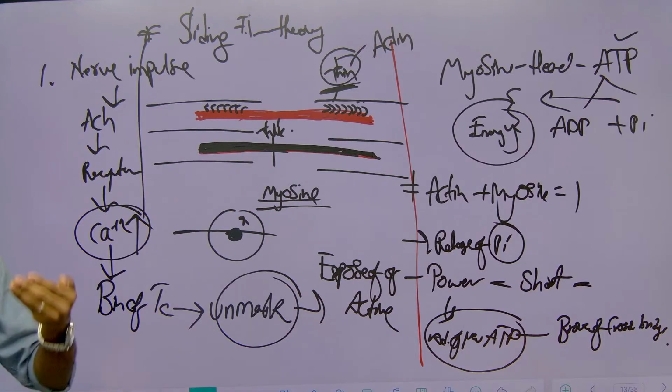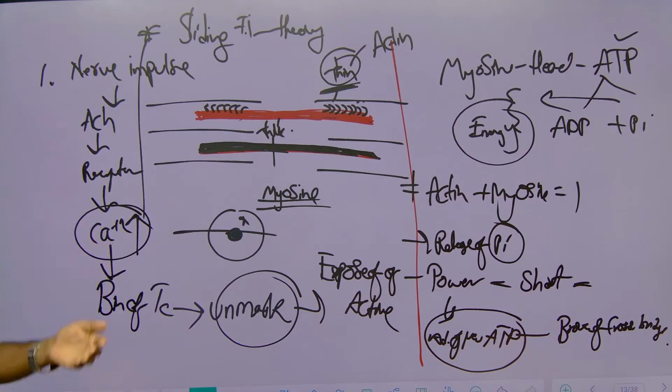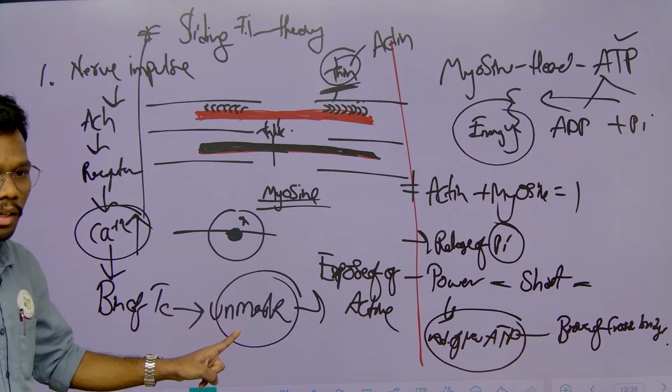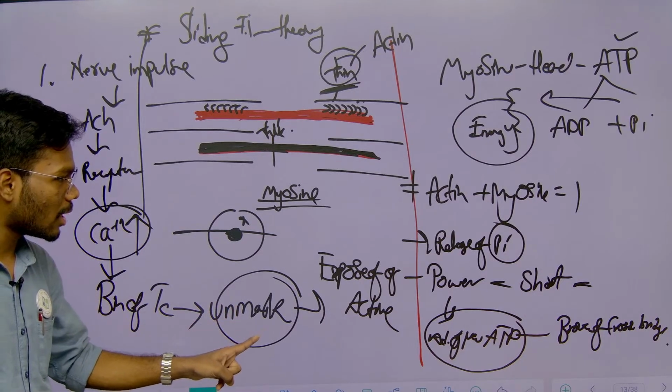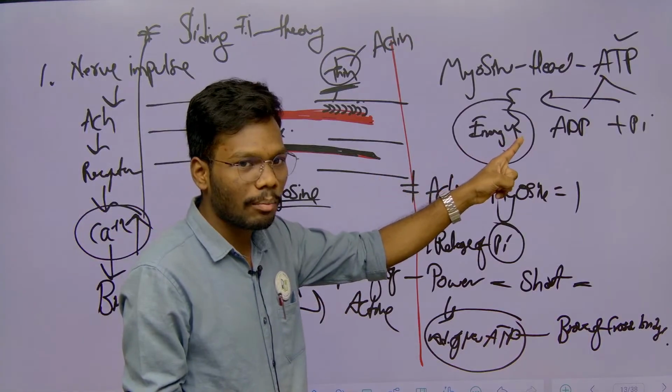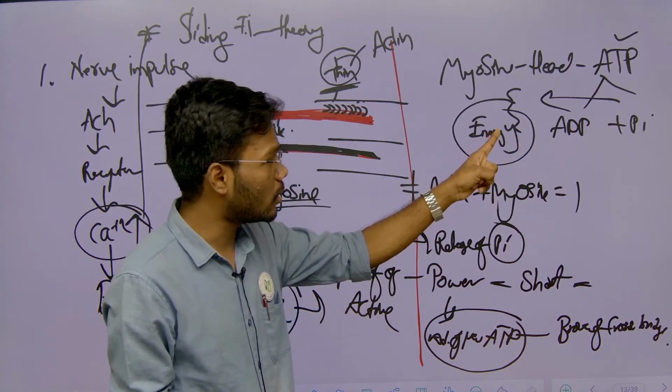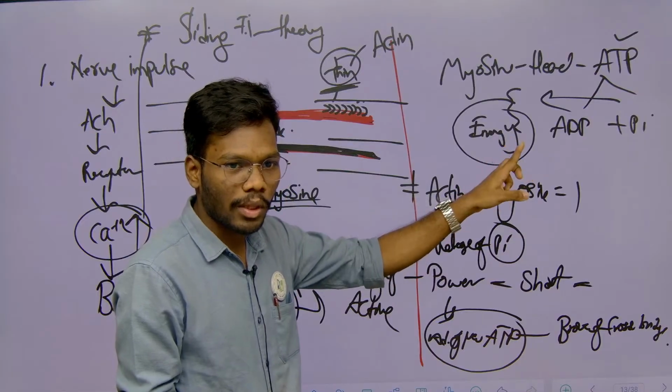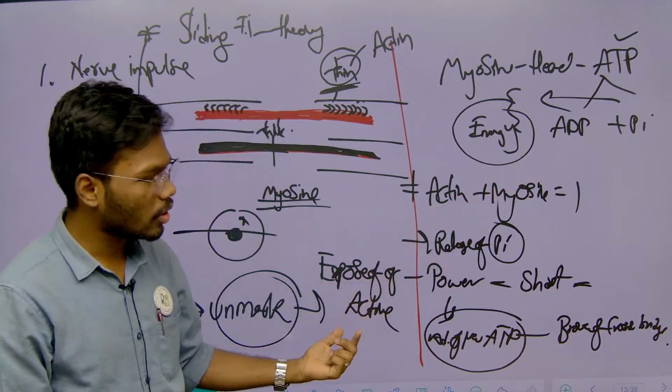Starting with the nerve impulse, the receptor, calcium level increase. Calcium is responsible for muscle contraction. Whenever calcium level increases there is unmasking, because of which there is exposure. Simultaneously ATP already bound to the myosin head is hydrolyzed.